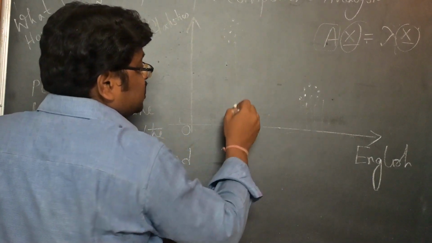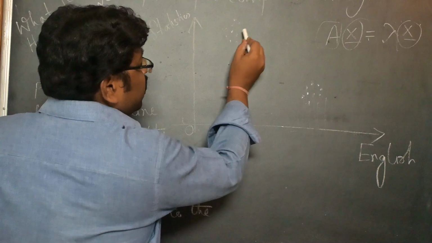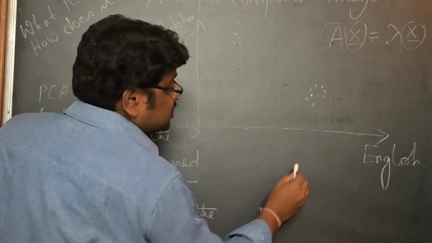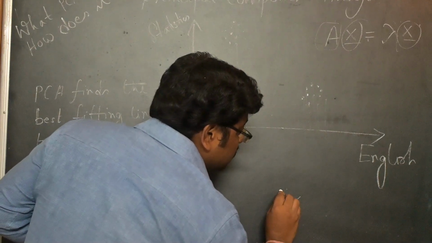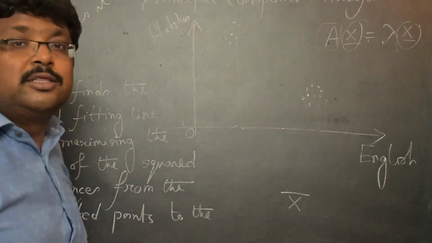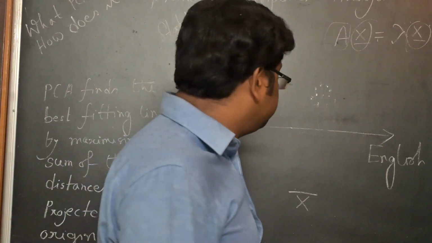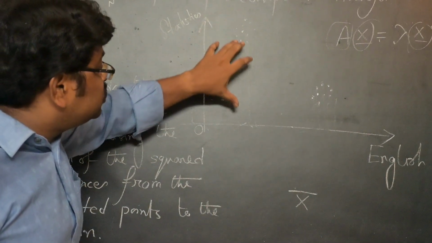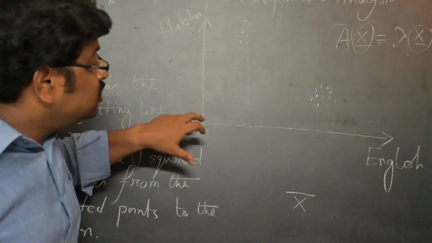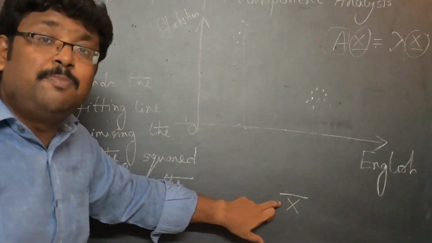If we project all these points on the x-axis, the mean of the projected values on the x-axis is x bar.